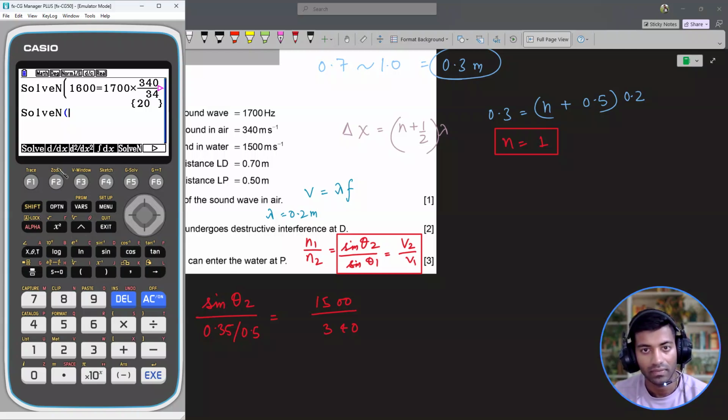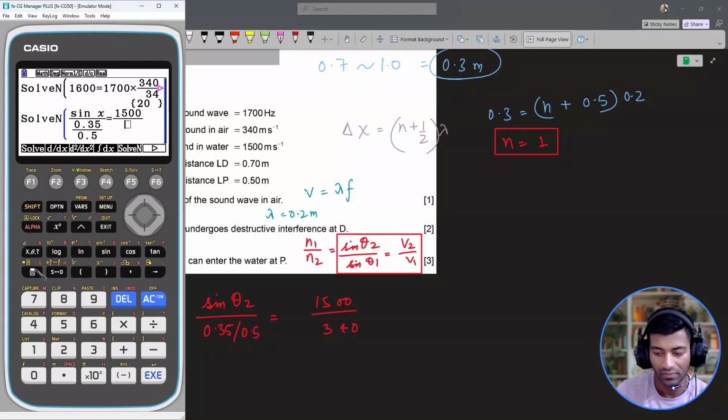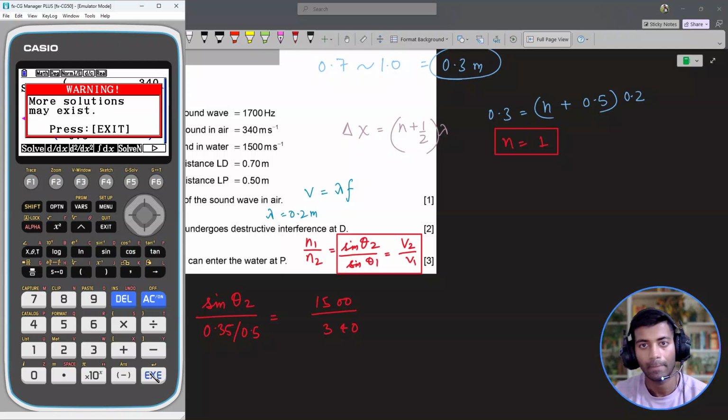So I am solving for x, and then I need sine x divided by, there's another fraction in the denominator which is 0.35 over 0.5, and then this is equal to 1500 over 340, and we are solving for x, and then we close the brackets.